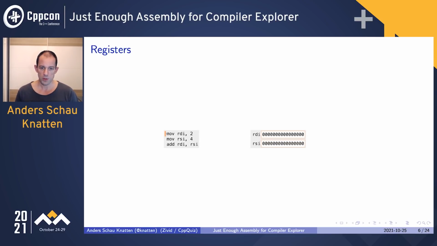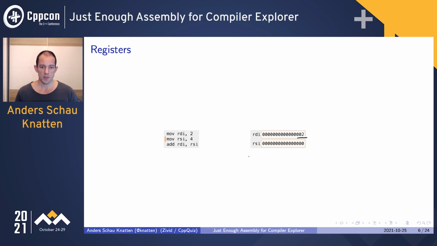In that syntax, the second operand to move goes into the first one. So move RDI, 2 means to take the immediate value 2 and put it into the register RDI. So let's execute that instruction, and then we got a 2 here over in RDI.